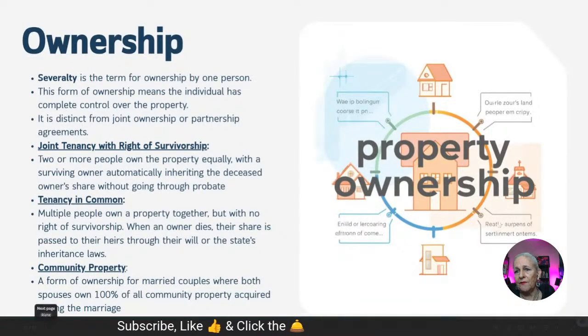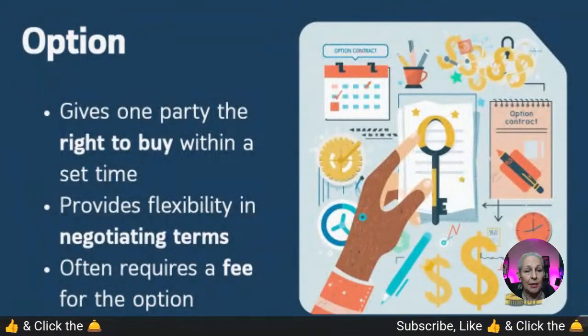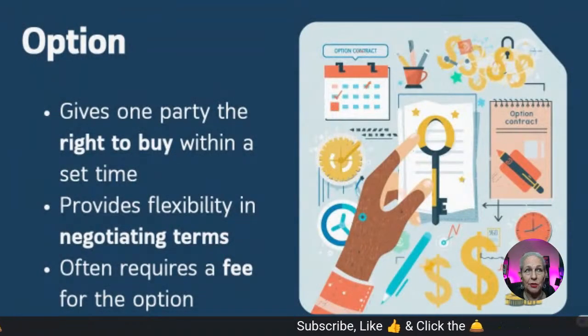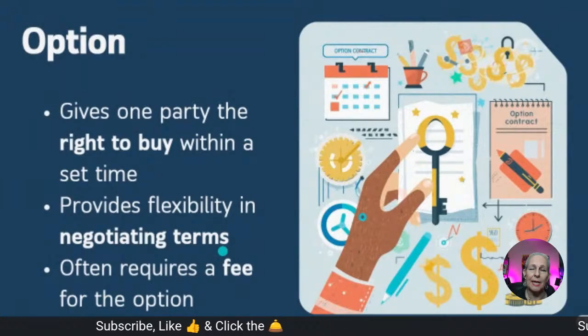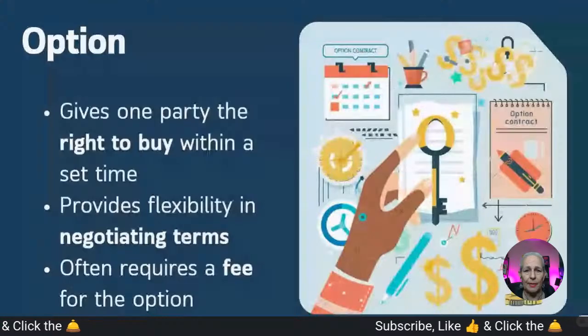So again, in other states it's called tenancy by the entirety for married individuals, and it has survivorship. One dies, it goes to the other, not in community property unless there's a special document specifying that.